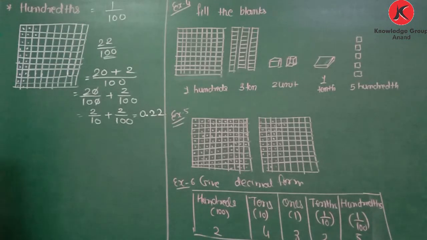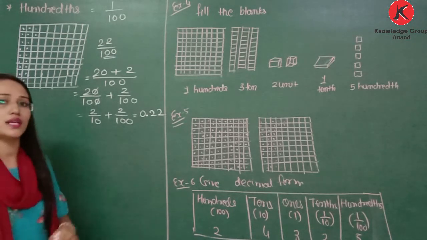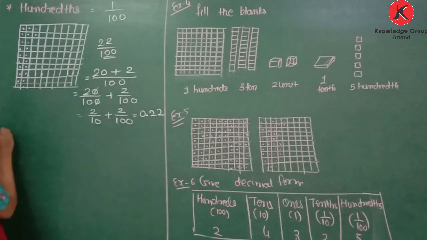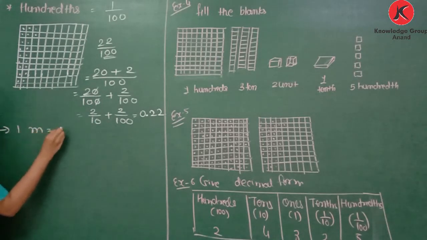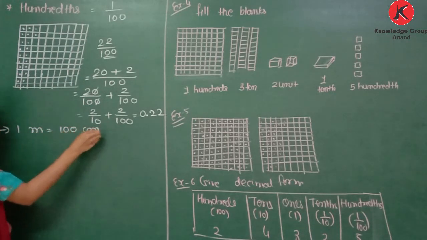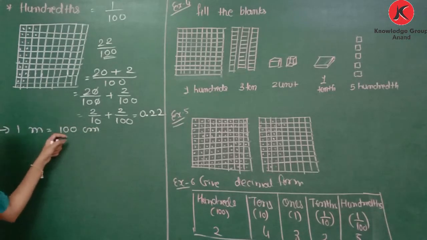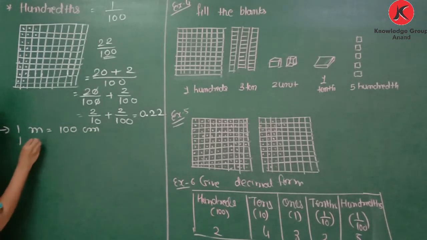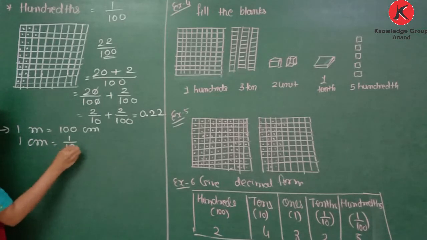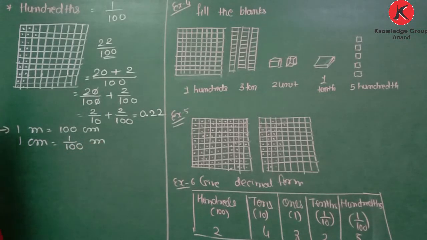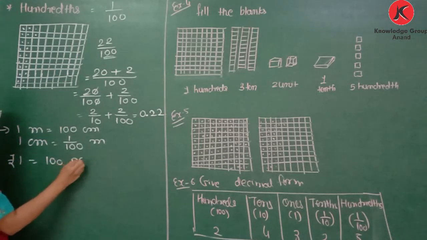Now we also learn about the conversion of meter to centimeter. 1 meter is equal to 100 centimeter. And if we want to find 1 centimeter, that is what? 1 by 100 meter. Also, we can use rupees. 1 rupee is equal to 100 paisa.